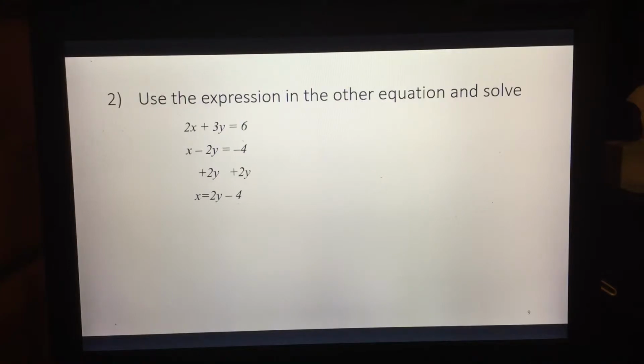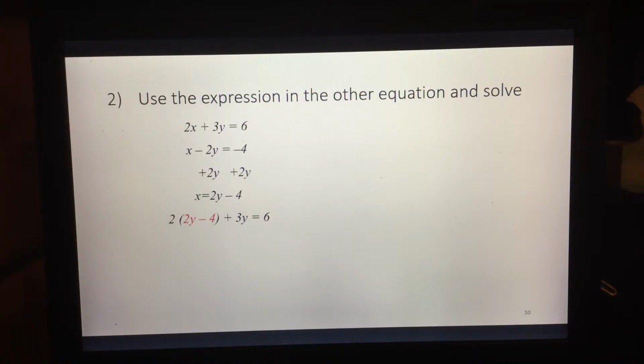Use the expression in the other equation and solve. What's that mean? Well, we use this expression, 2y minus 4, and we substitute it in for x in the other equation. That's why this is called substitution. So when we substitute in, we get 2 times the quantity 2y minus 4 plus 3y equals 6.